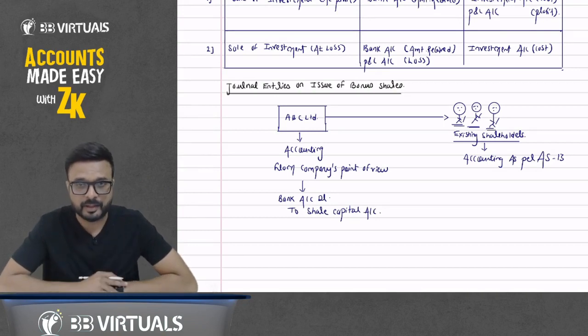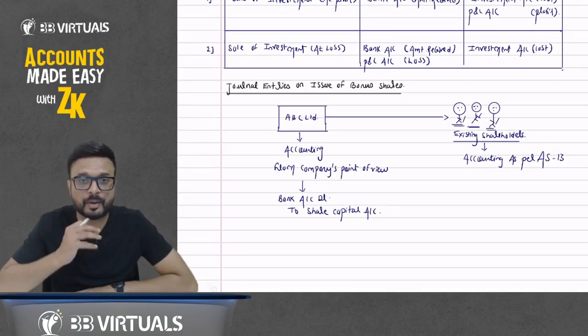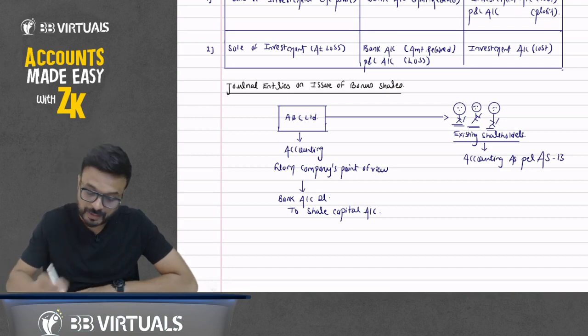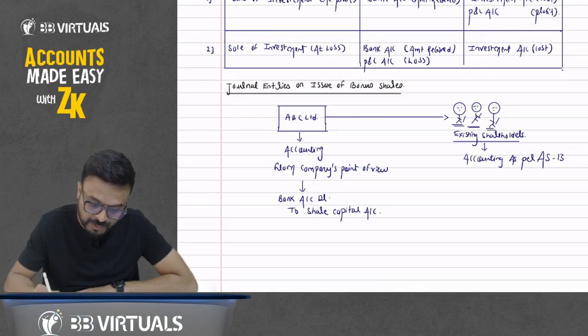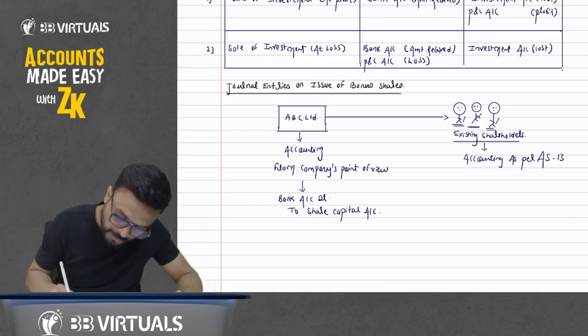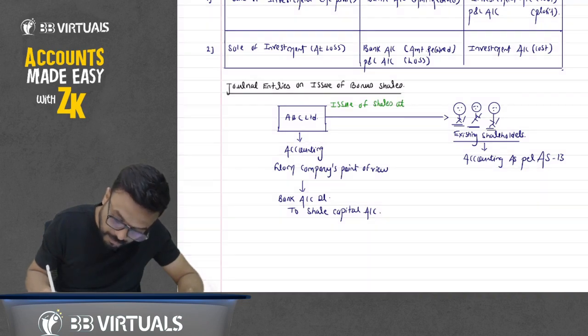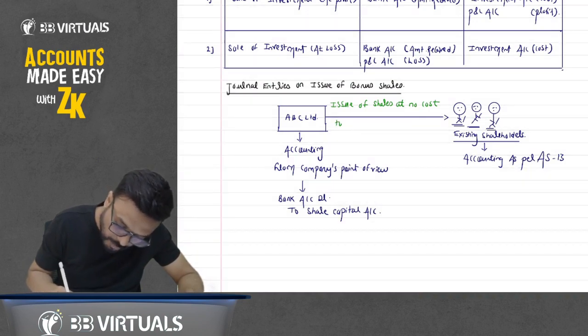But tell me, has the company received any amount here? No. Why have they not received any amount? Because they are issuing at free of cost. So when they issue these bonus shares to existing shareholders, they issue shares at no cost to existing shareholders.